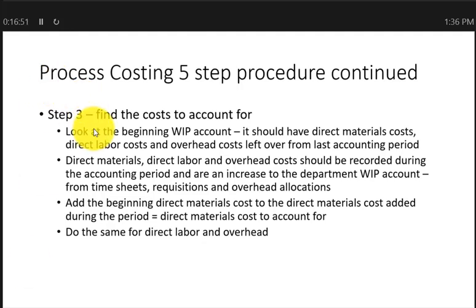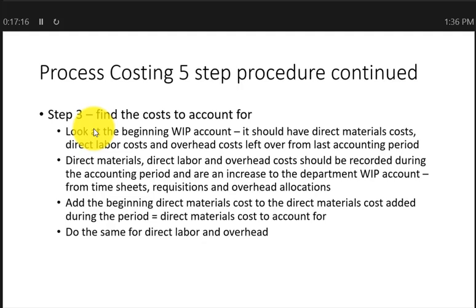Step 3. Now we're looking at costs. So far, all we've dealt with is units or equivalent units. We haven't even talked about dollar amounts. So looking at the work in process account, it should have direct materials, direct labor, and overhead left over from last accounting period.